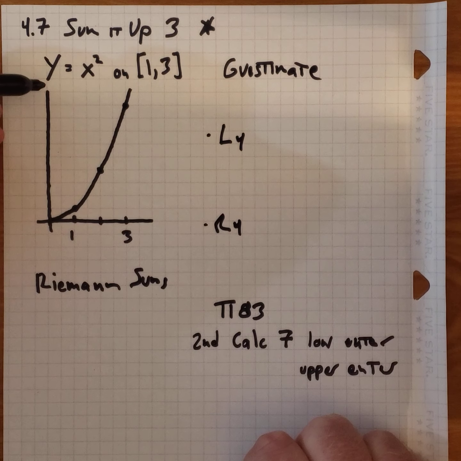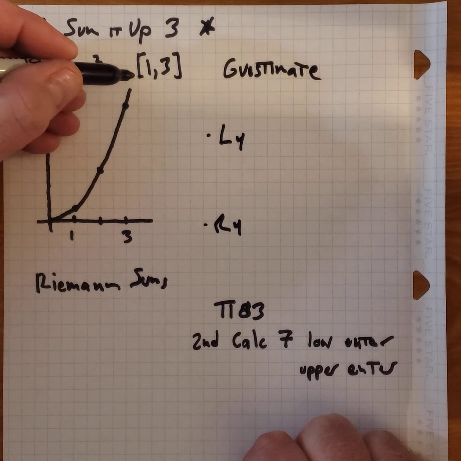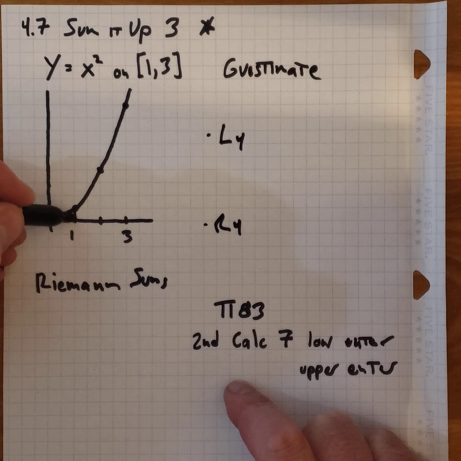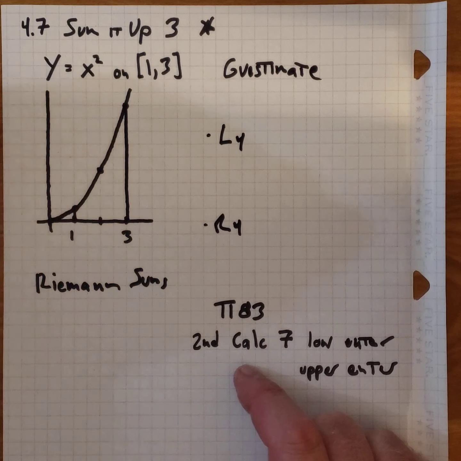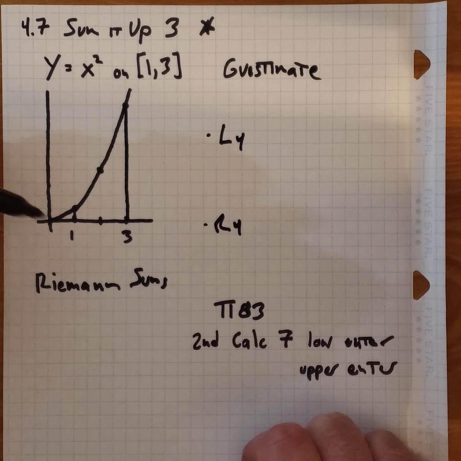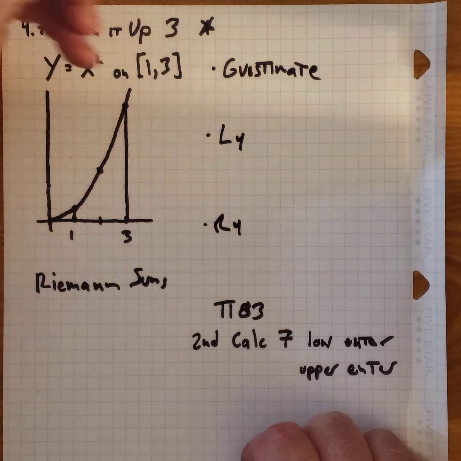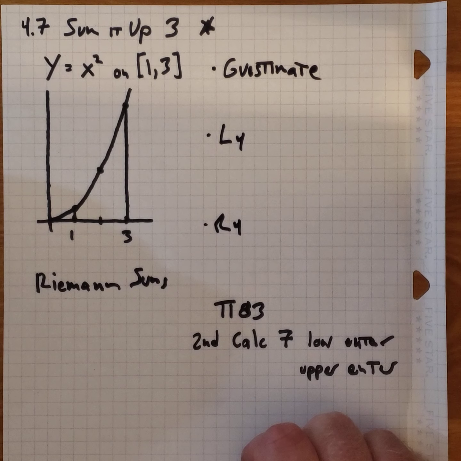So we're going to look at a single curve, y equals x squared, on an interval from 1 to 3. We're looking for the area of the region underneath the curve. First thing I like to do is to get a guesstimate, because that way I have an idea if my process worked and I got something reasonable.